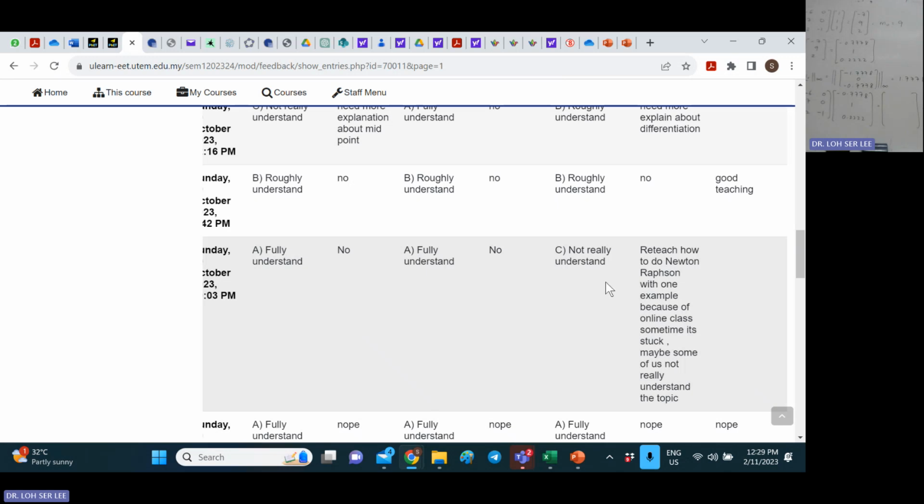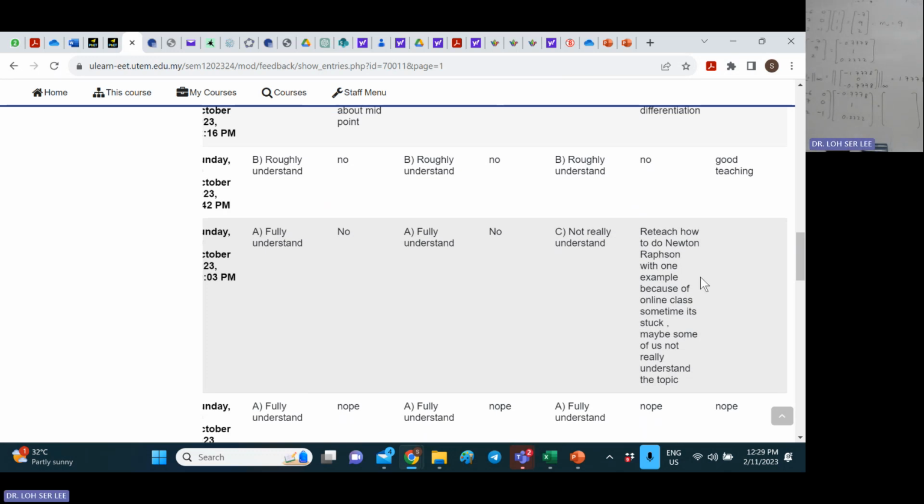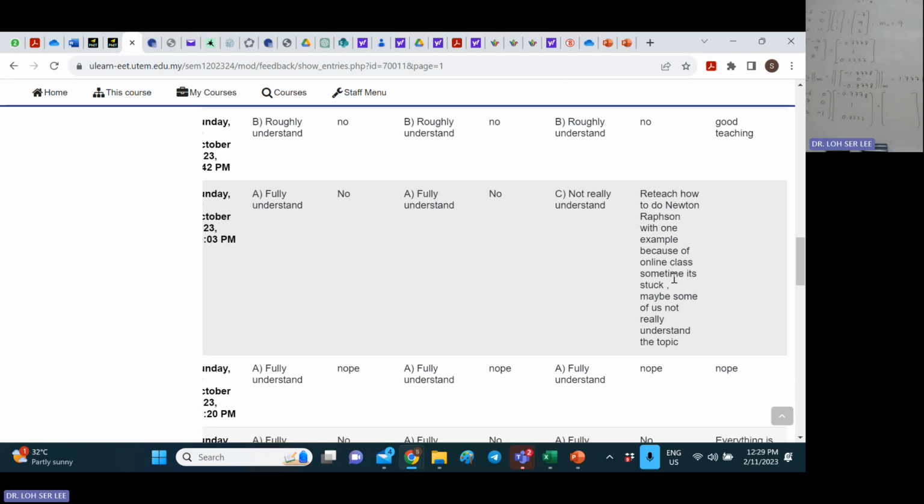This one. We teach how to do Newton Raphson. Is it from this section? Is it from this section too? Who do this? Who do this? Reason. We teach how to do Newton. Question on Newton Raphson.